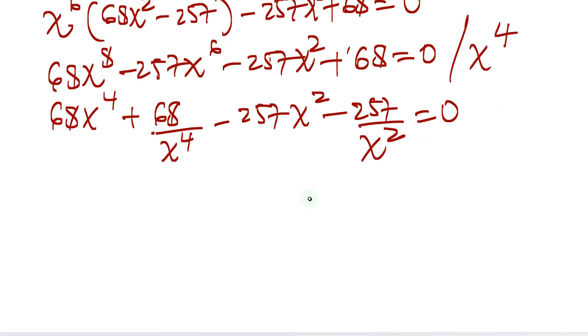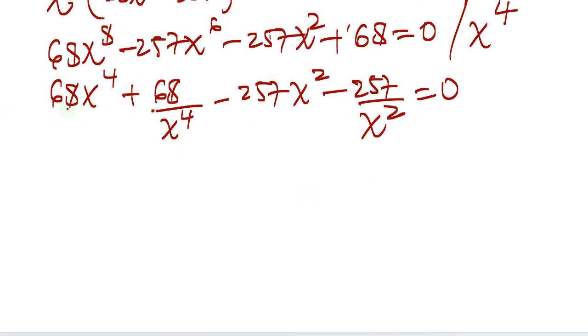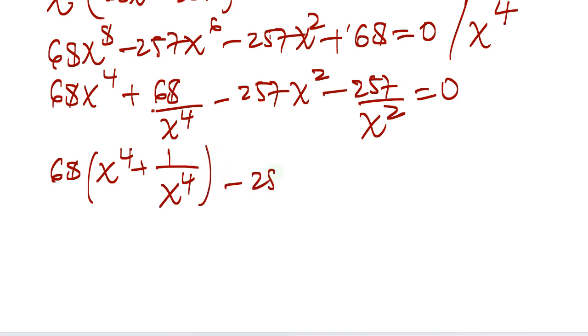So now I'm just going to simplify something here. Let's isolate 68 times x to the 4 plus 1 over x to the 4, and then minus 257, which multiplies x to the 2 plus 1 over x to the 2, and then this is equal to 0.